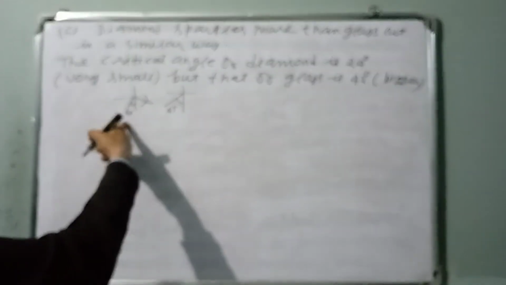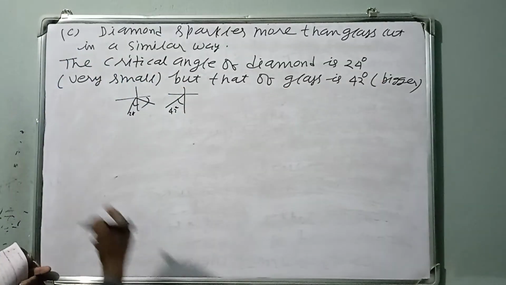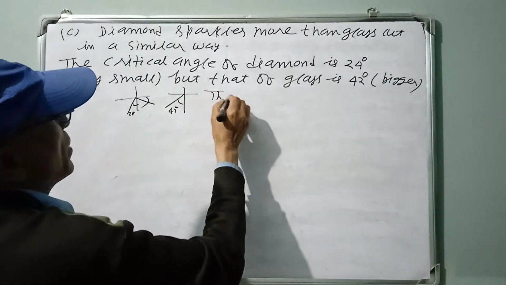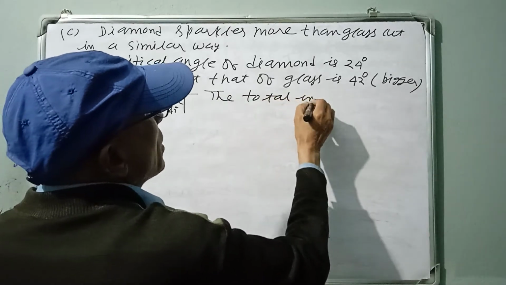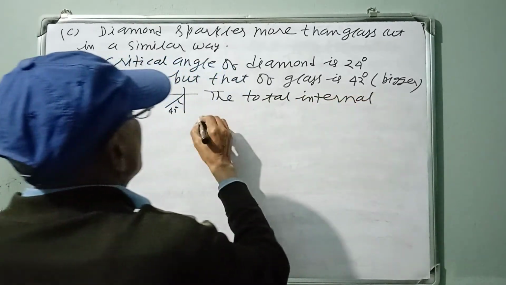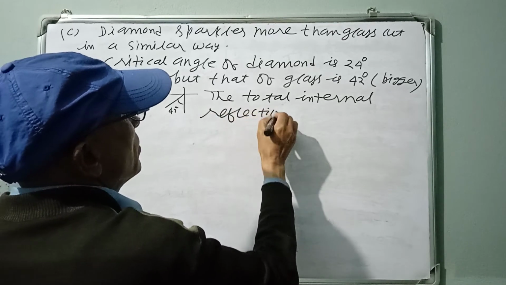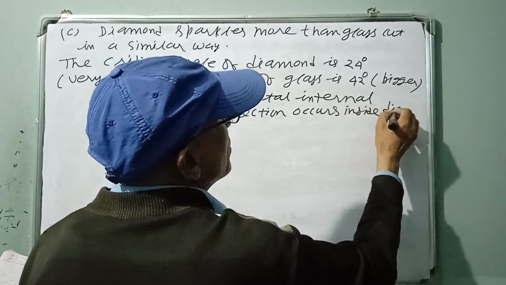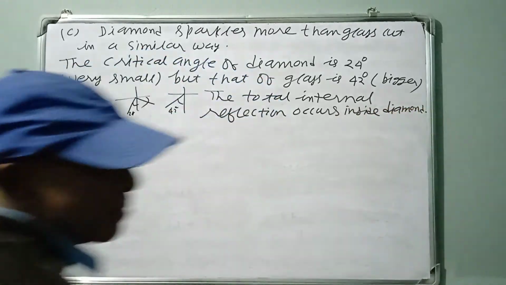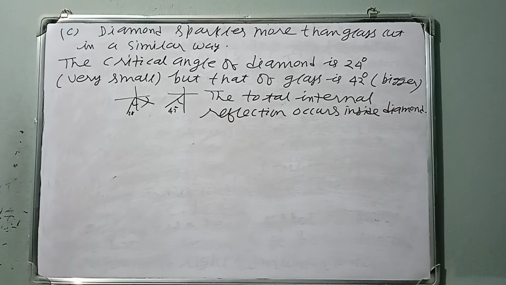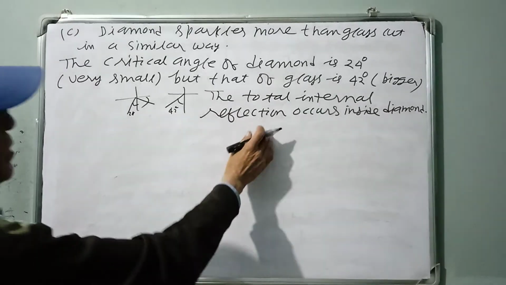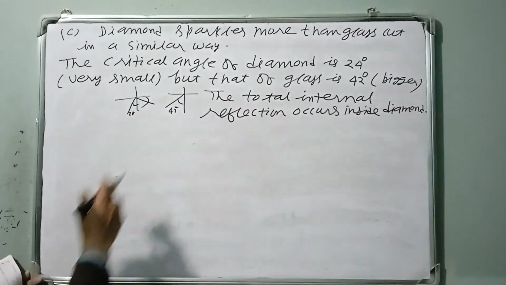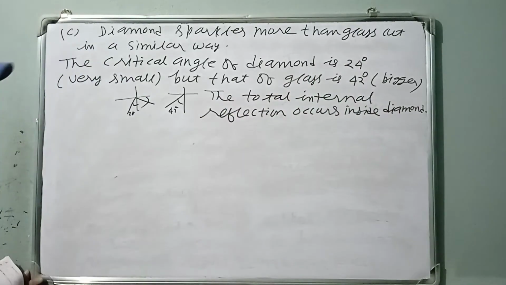Total internal reflection occurs. The critical angle of diamond is 24 degree, very small, but that of glass is 42 degree. So the total internal reflection occurs inside diamond, and multiple reflection inside, but that does not occur in glass.